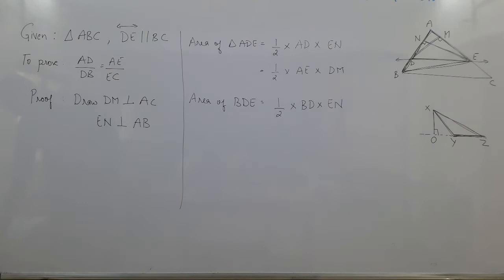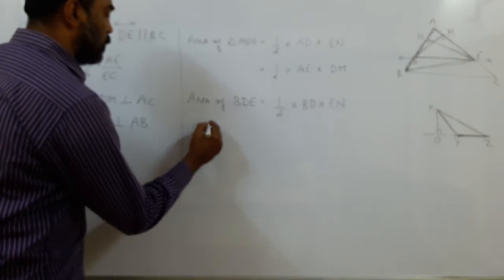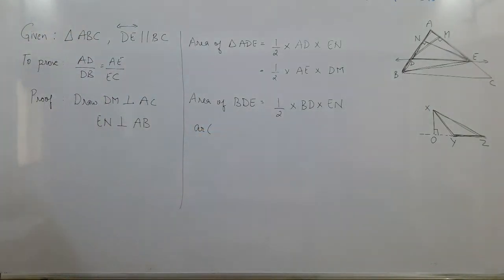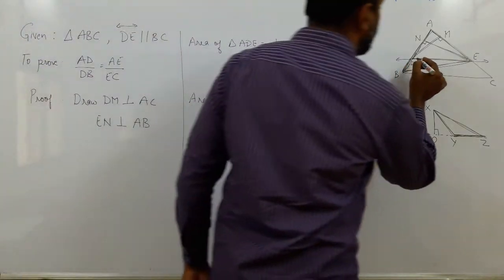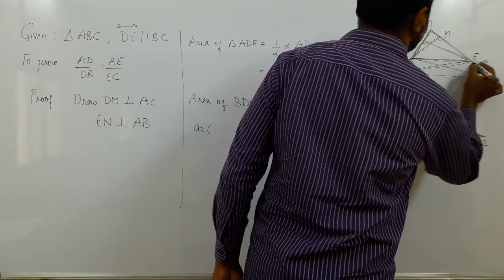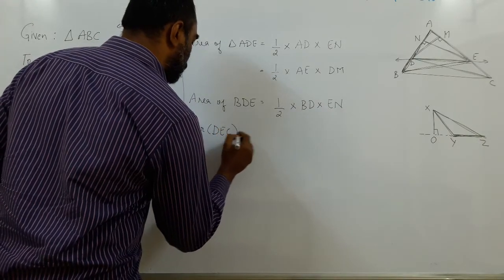Okay? Now let us take the ratio of these two. One more, we have to move. This time I will write in the short form, area of triangle DEC. So this is also one short form.